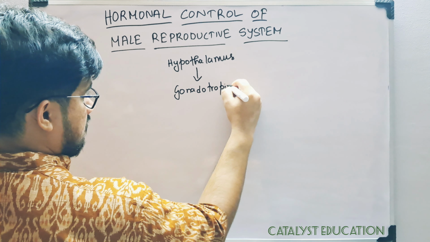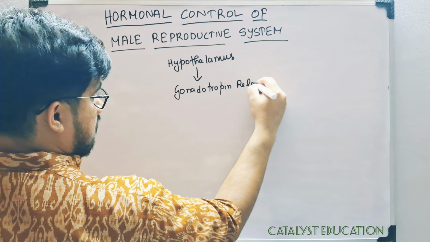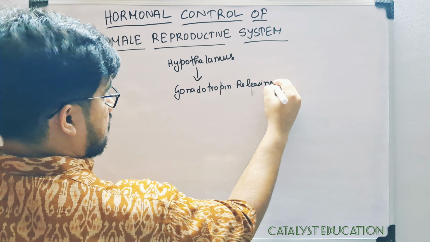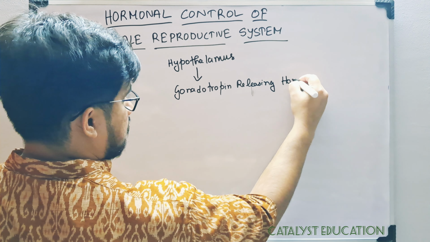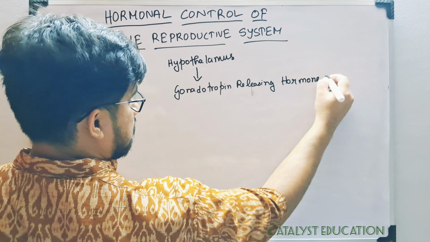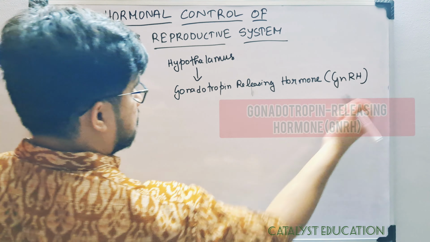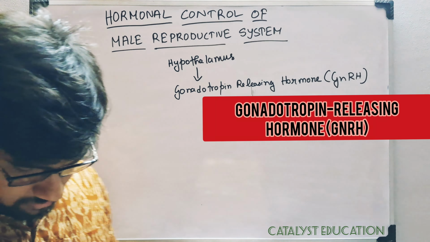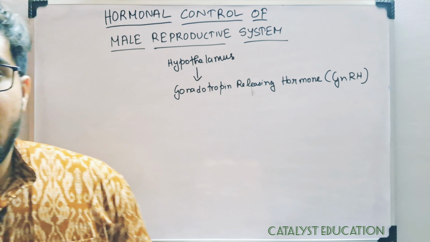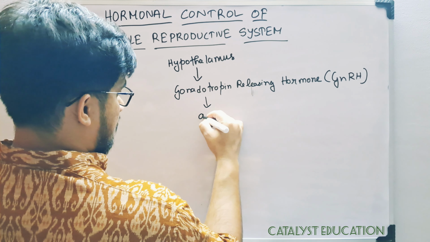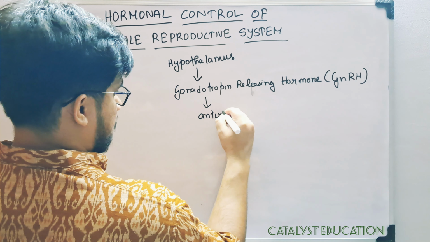Gonadotropin releasing hormone, GnRH. So this GnRH in turn acts on the anterior pituitary.